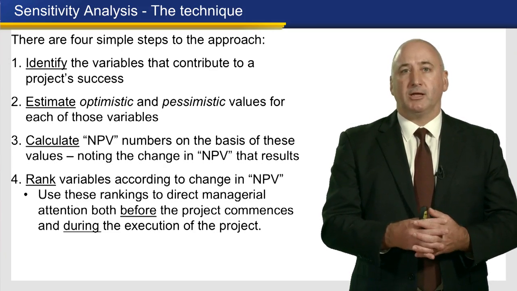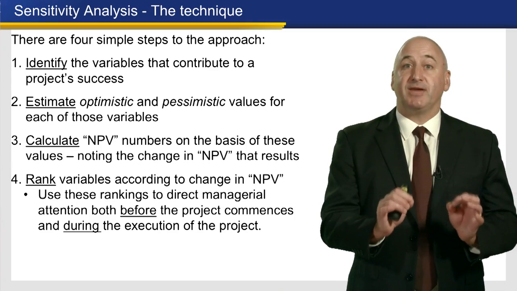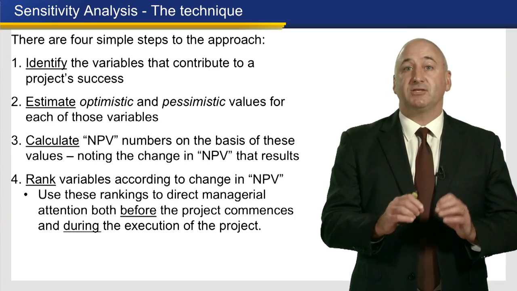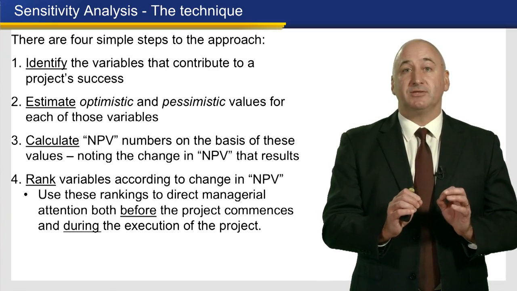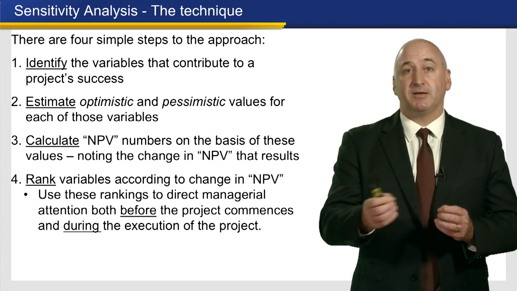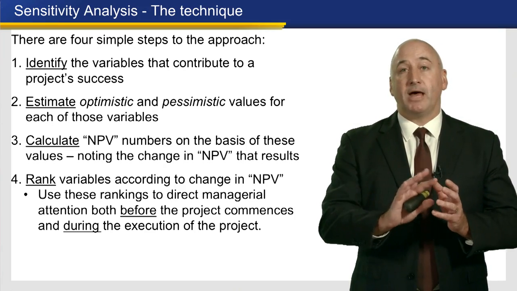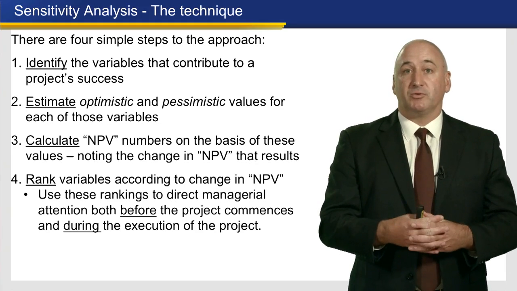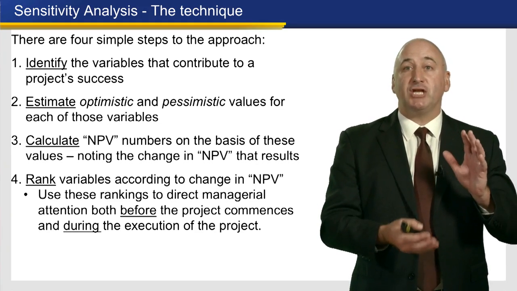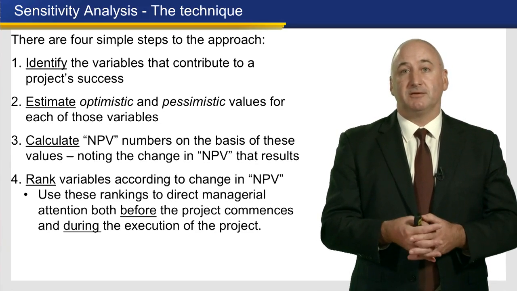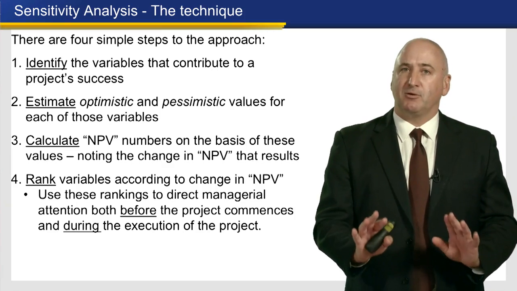Third, we calculate, in inverted commas, NPV numbers, but really they're just DCF calculations, on the basis of these optimistic and pessimistic values, allowing each variable in turn to swap between its optimistic and pessimistic, whilst keeping all other variables at their expected values. We then rank the variables according to the change in NPV induced from changing from optimistic to pessimistic. Sounds very confusing, but it's quite simple.